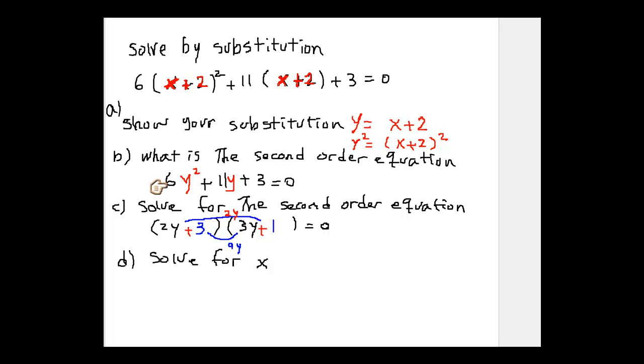Because of this factor here, this 3, when you put 3 and 1 here, if you want to see if you get 11y, you have to multiply the two closest terms and the two furthest terms and add them up to 11y. So like I said, 3 and 3 would be 9y, 2 and 1 would be 2y, so for sure 9y plus 2y gives me 11y, and we have all the terms present here. Do you see that now?